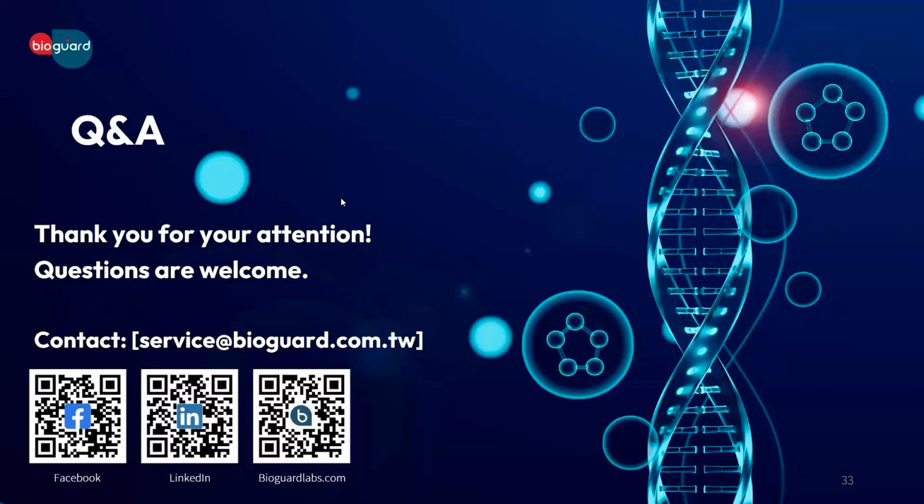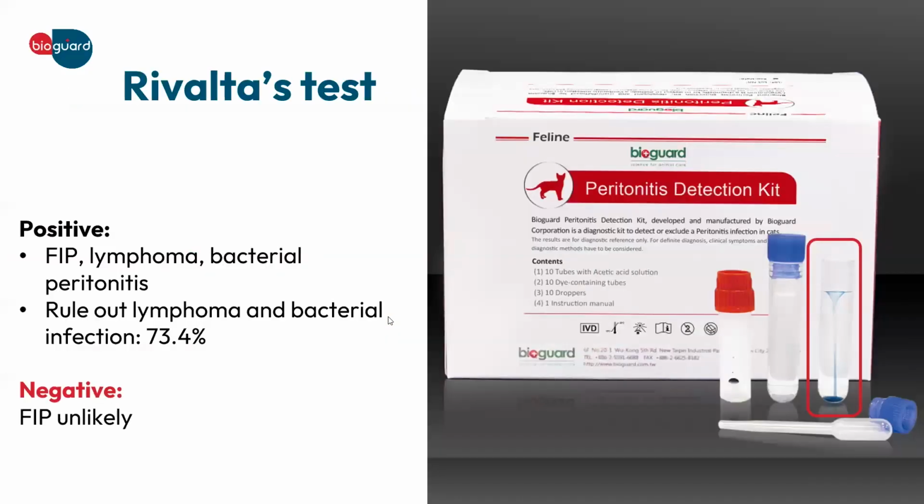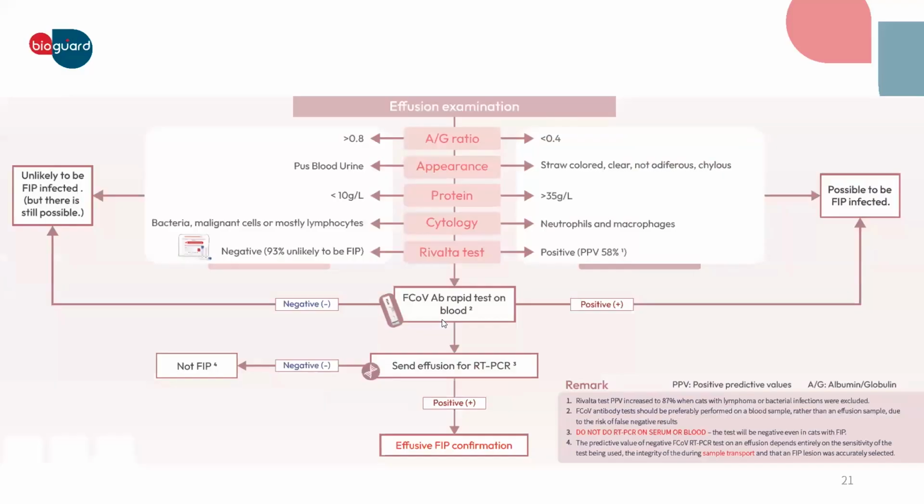This is the last question, but the name is anonymous. If the cat has fever, weight loss, and the blood check has an A:G level of 0.6, can that cat have FIP? For this one, if we talk about the examination that you are mentioning, the albumin to globulin ratio has to be less than 0.4.